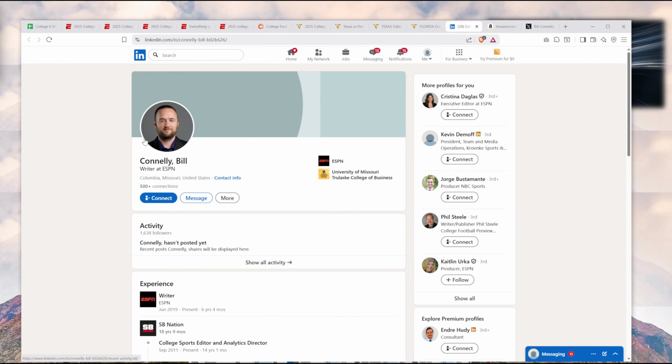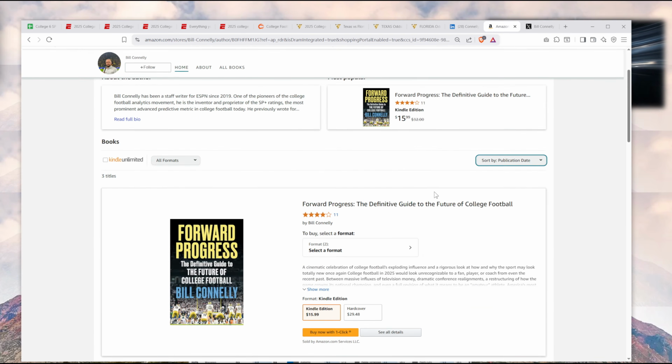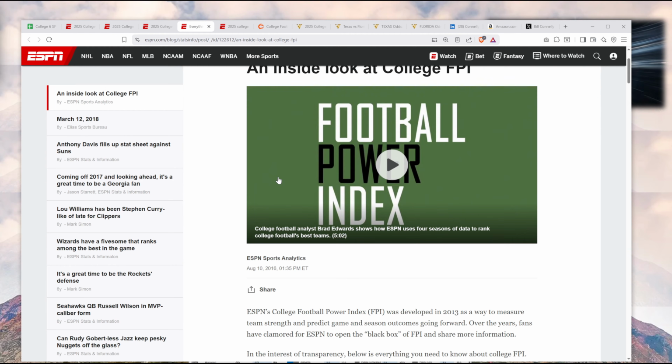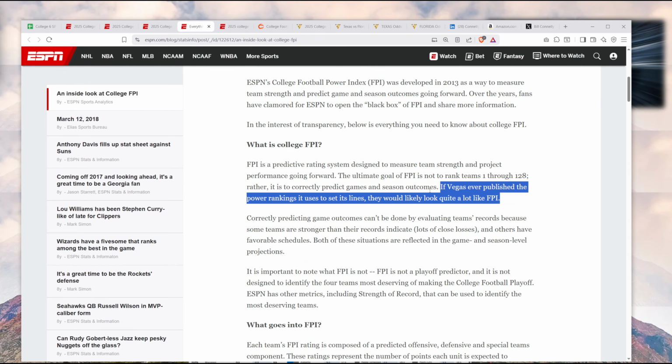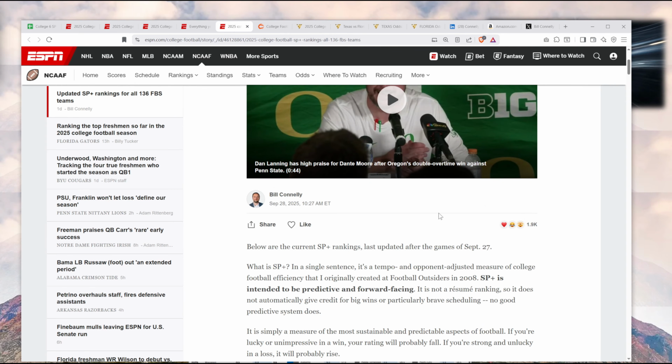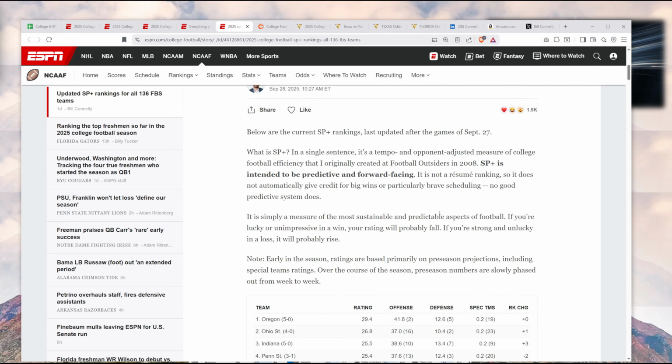Then a few years ago, ESPN hired him to write articles and to do these calculations. He's written several books on college football. He has a Twitter account. The reason why I like the SP Plus number is I like to know the person behind the methodology. And Bill Connelly is a person whose numbers I feel have some authority.